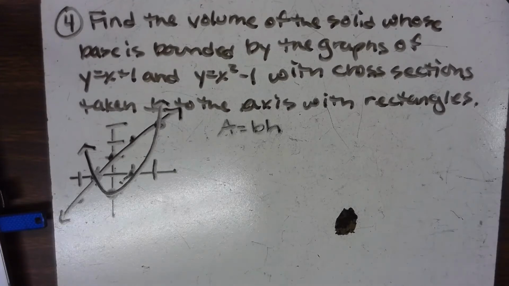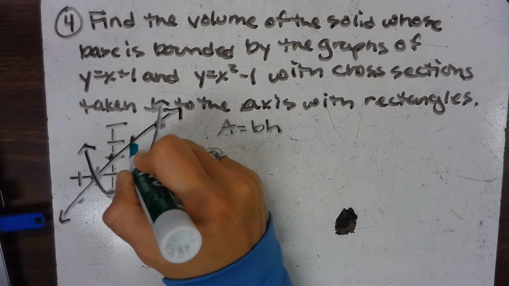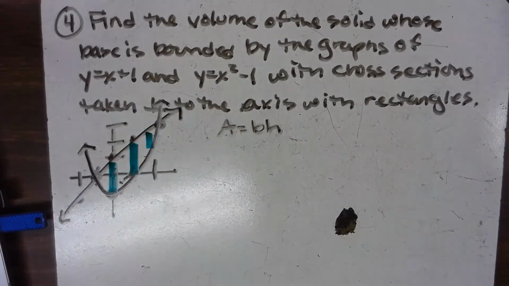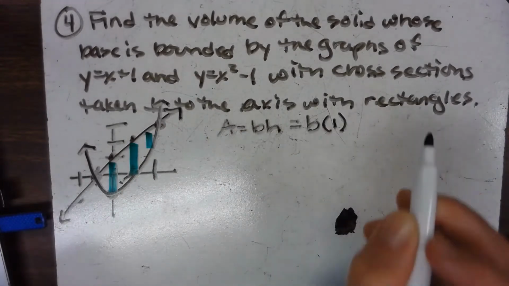All right, here you've got this. This is the cross section. All right, and we're going to say our height is 1 with the rectangles.